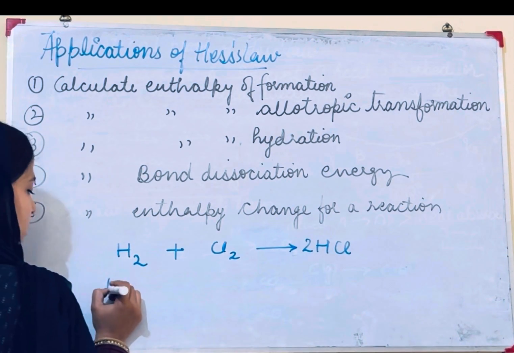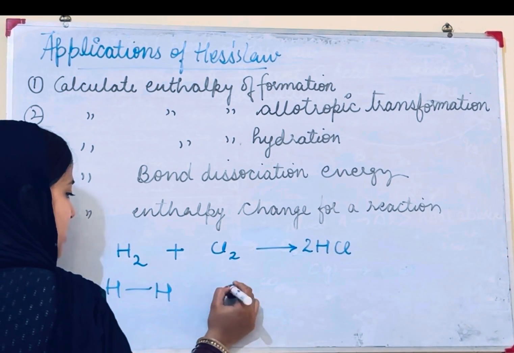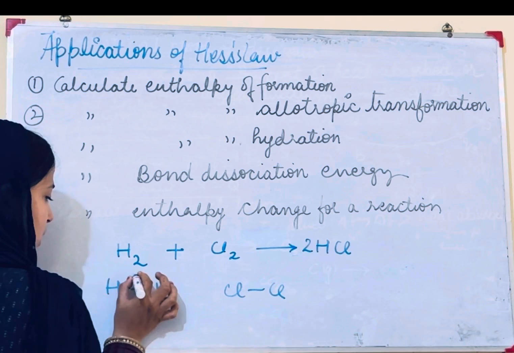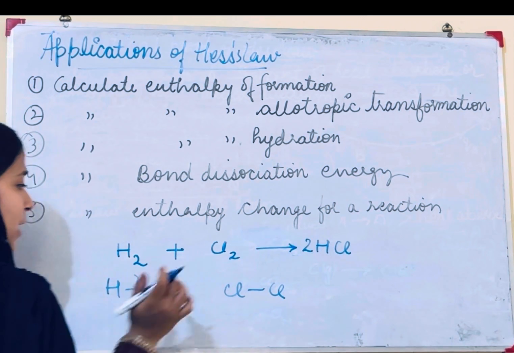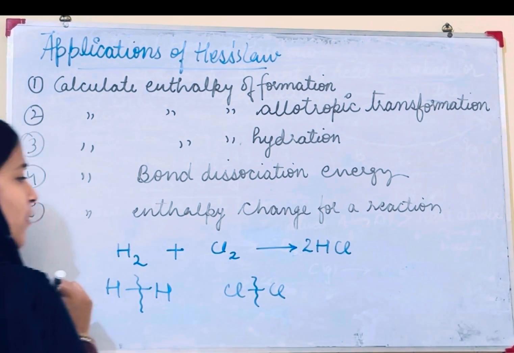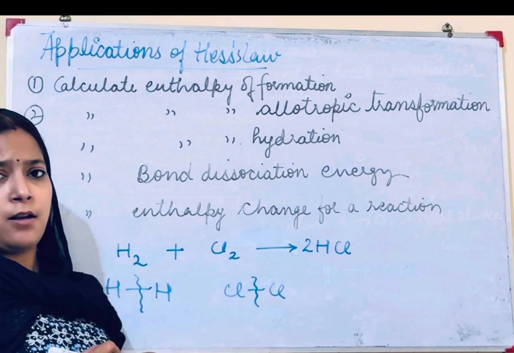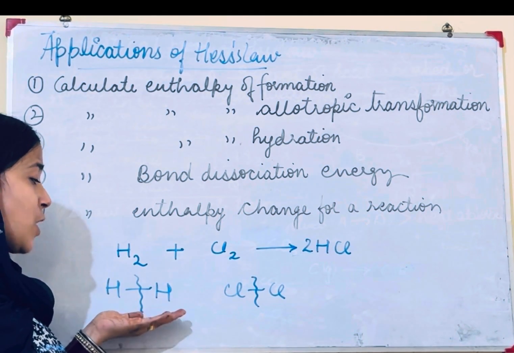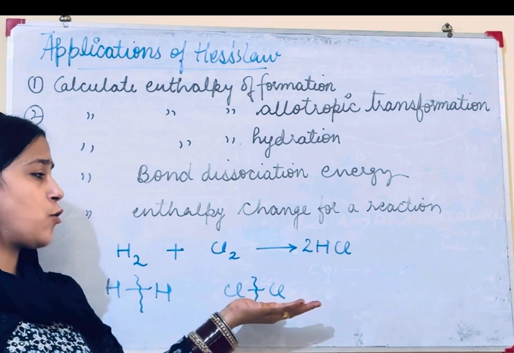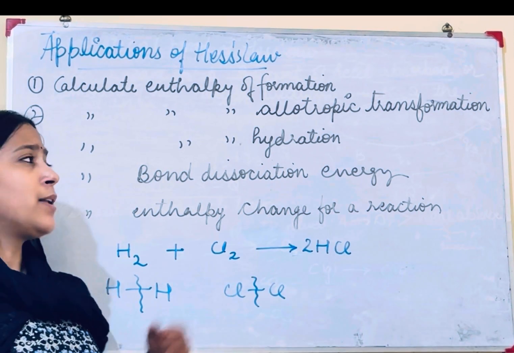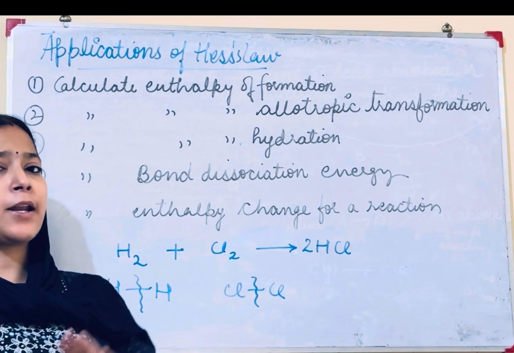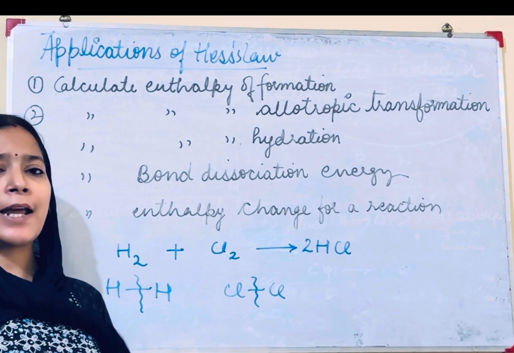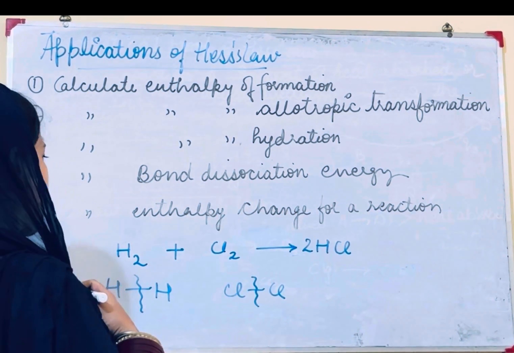How will it be formed? Here the bond present between H, this hydrogen bond, will break, this chlorine bond will break, then HCl will form. So the amount of energy required to break this hydrogen bond and this chlorine bond is called bond dissociation energy. So with this we can calculate bond dissociation energy also.